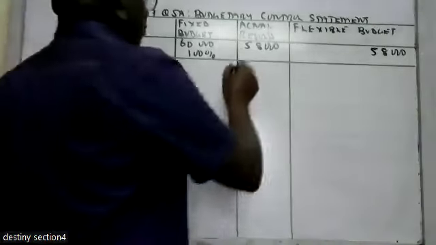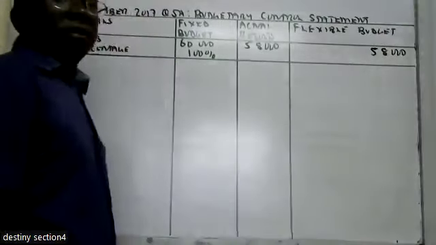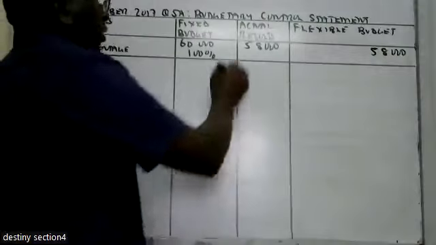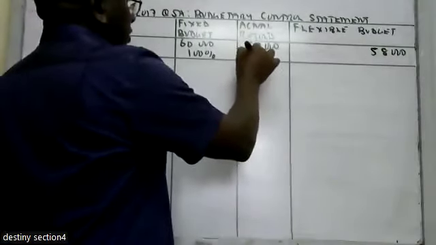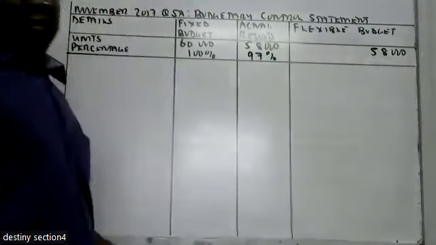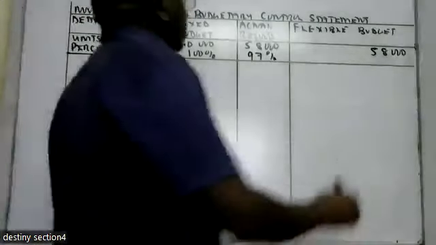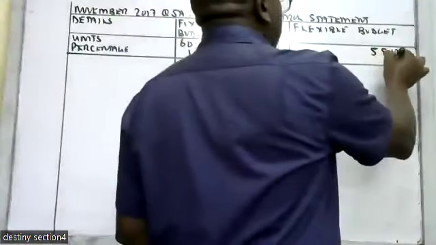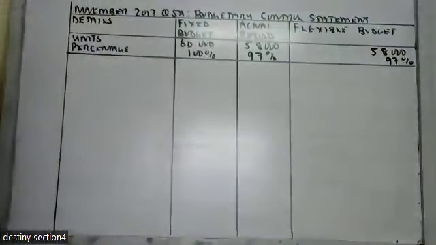It's 96.67. Iko exact ama ni round? So we can make it 97%. Let's make it 97%. Avoid a lot of decimals. So even here, this will also be 97%. And it can also be more than 100.